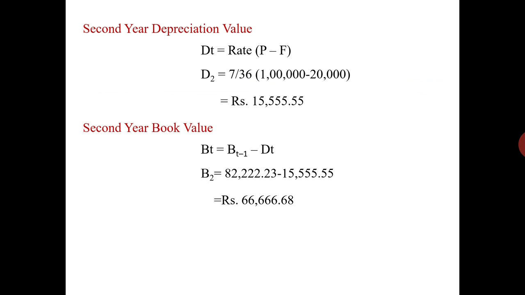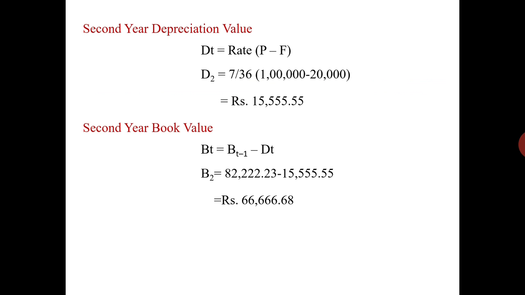Again, we are going to calculate the second year depreciation value. We know the formula dt equal to rate into p minus f. In the second year, we substitute the rate of depreciation, 7 divided by 36. Likewise, in the third year the rate of depreciation is 6 divided by 36, and so on. Substituting the values, d2 equal to 7 divided by 36 into 1 lakh minus 20,000.